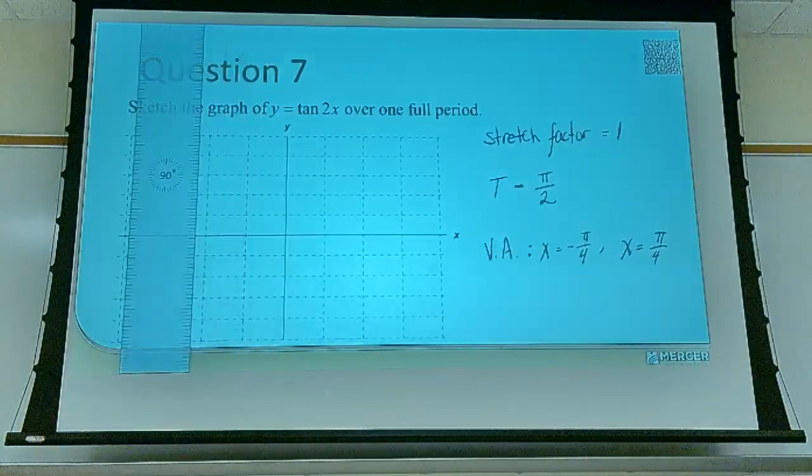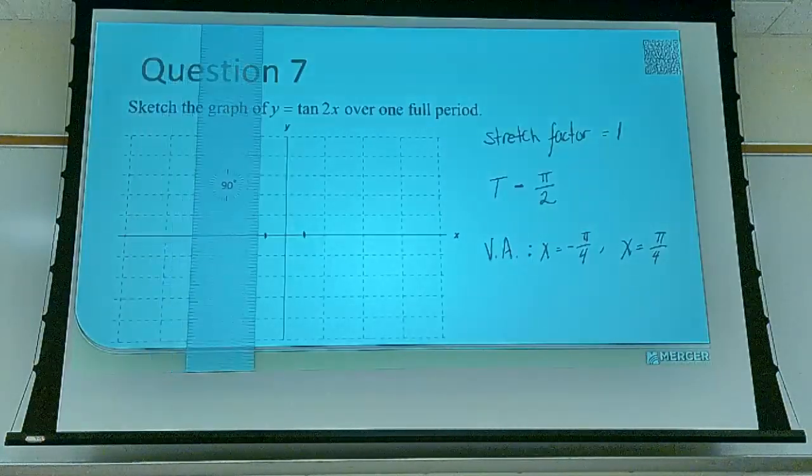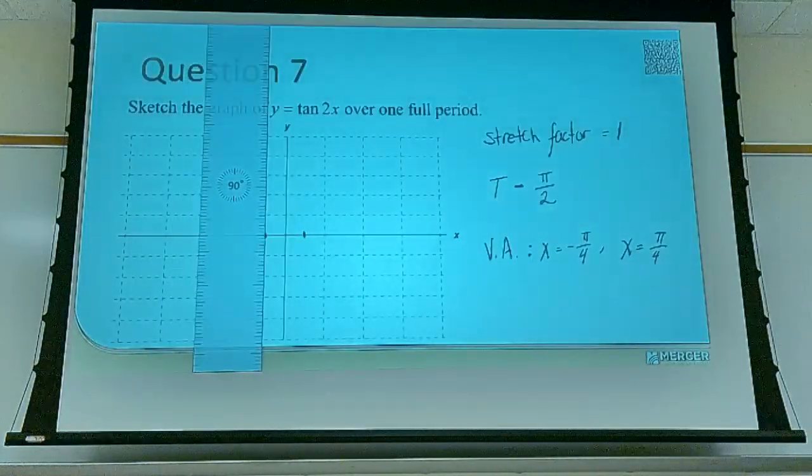So before I use that, negative pi over 4 is going to be halfway between pi over 2 and 0, right? That looks like halfway. So those would be the two endpoints. Notice how small this interval is going to be. Like I said, it makes this one fun.